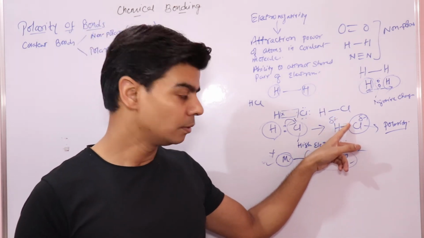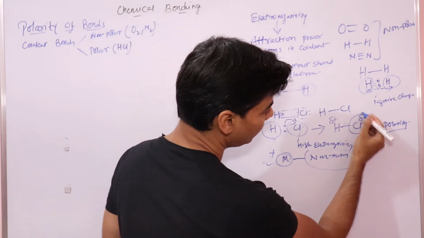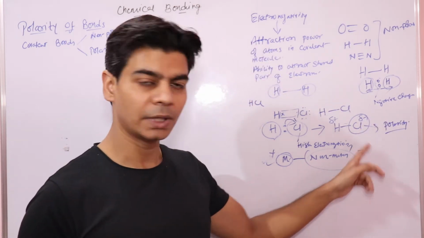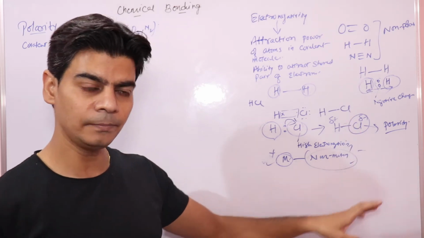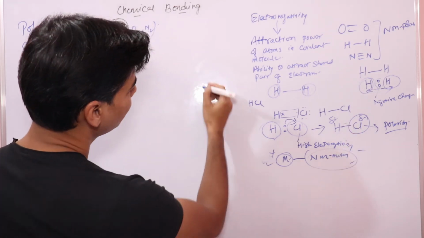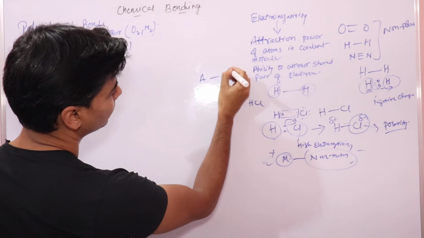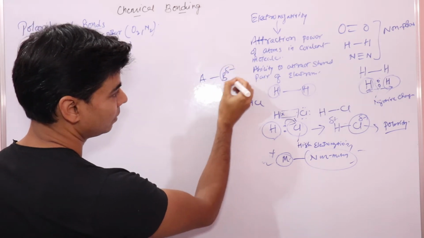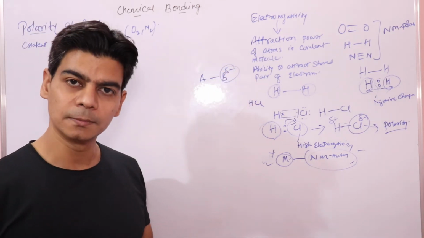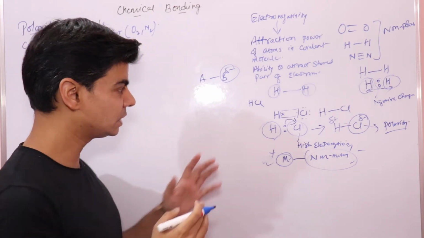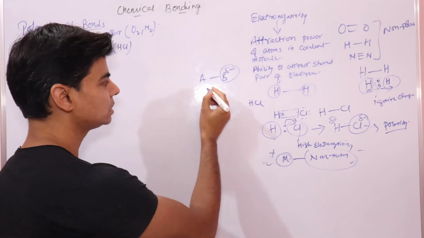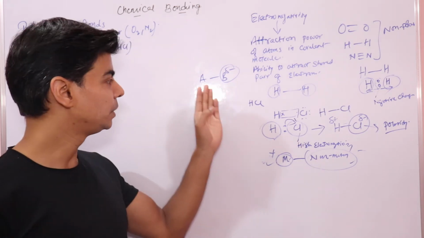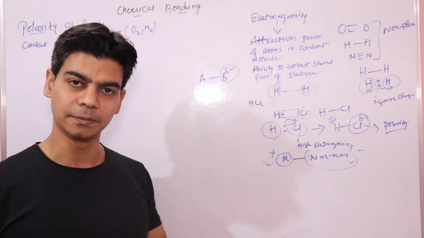Now in one case, when the electronegativity of chlorine, or any atom, not in the case of HCl, if the electronegativity of one of the atoms becomes too high, that means the electronegativity difference between the two atoms is high, right?